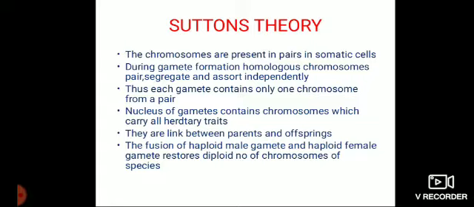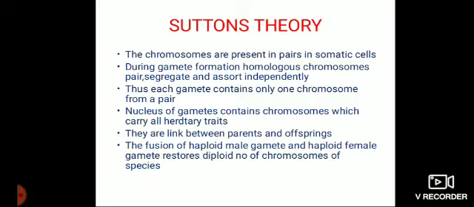Each gamete contains only one chromosome because they are separated from a pair. Nucleus of the gamete contains chromosomes which carry all hereditary traits. Chromosomes are the link between parents and offspring. The fusion of haploid male gametes and haploid female gametes restores the diploid number of chromosomes.